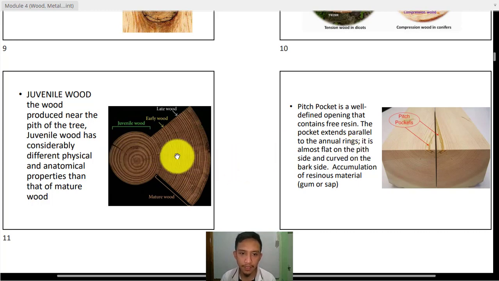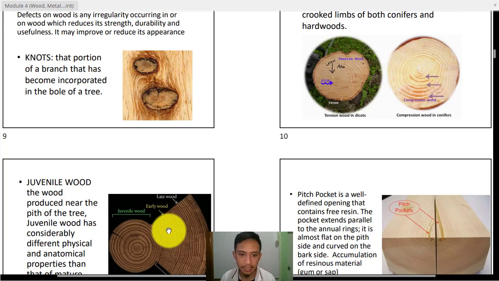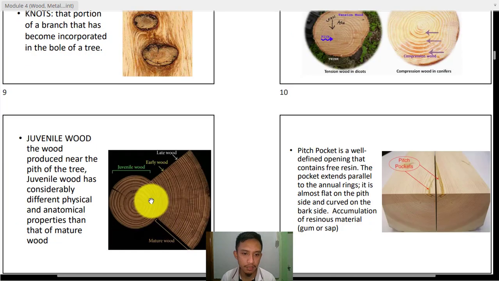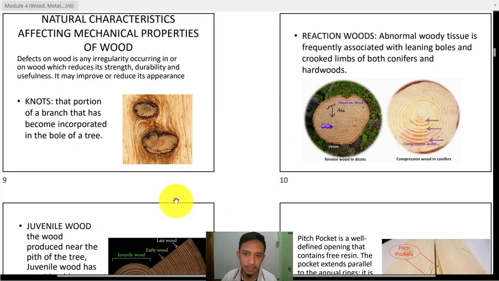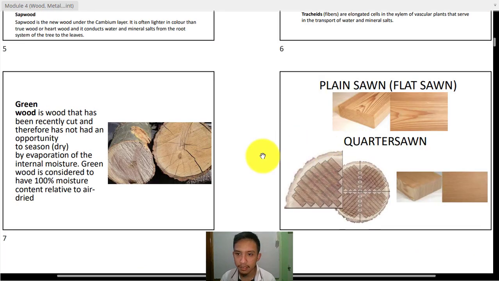So that will also affect the property. We cannot say that if I cut a certain cross section of a lumber here, the strength is uniform across the cross section. That's why it depends on the type of trees, okay, if that should be a plain zone or that should be a quarter zone.